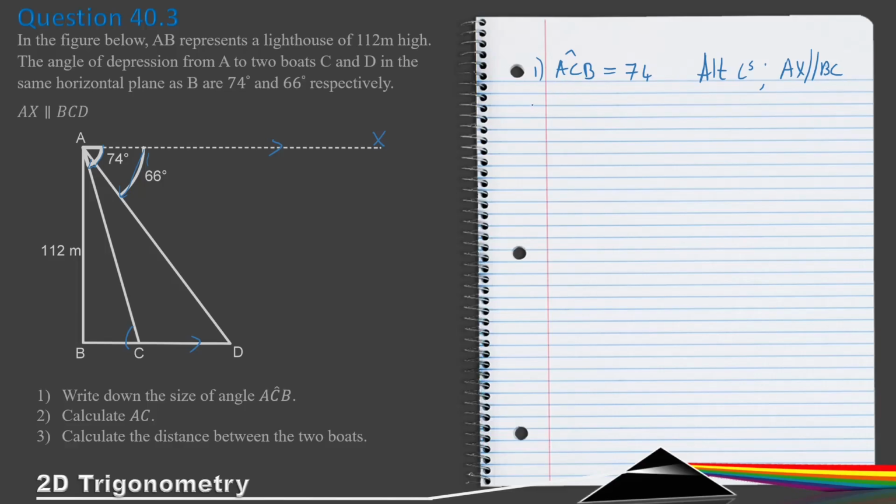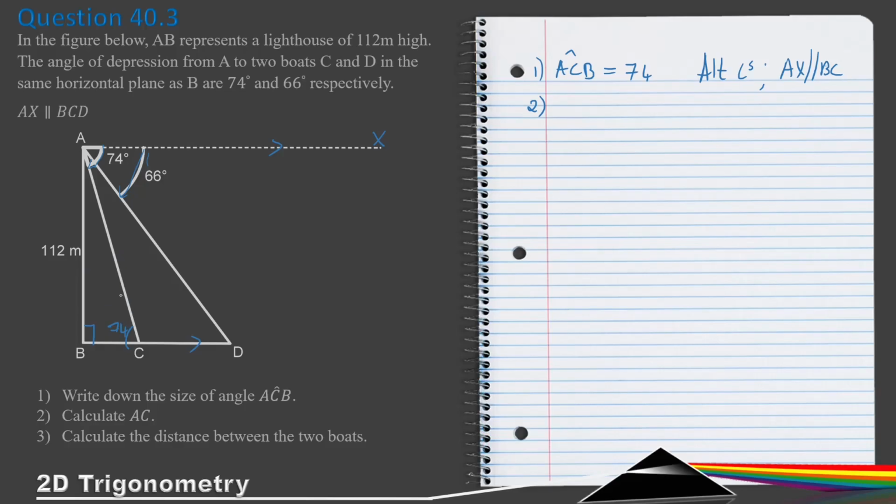Now for the next question, we are going to calculate AC. So AC is in this triangle. Since this is a lighthouse, we can assume that it is perpendicular to the ground, except if it's the Tower of Pisa or something. In this right angle triangle we can use trig ratios, where sine is opposite over hypotenuse.